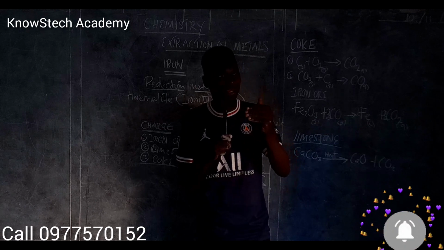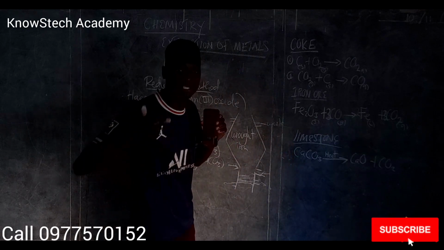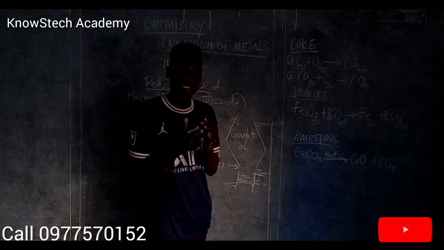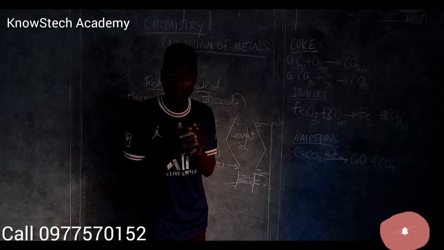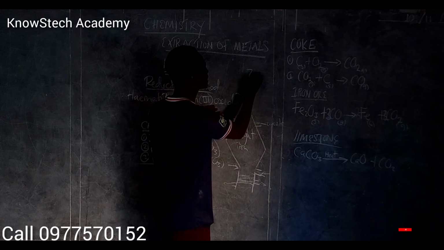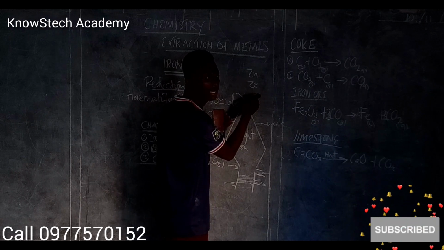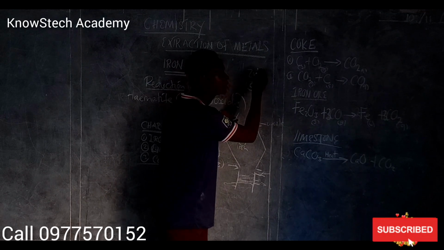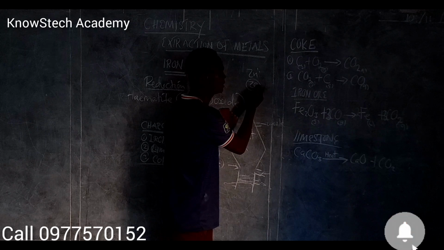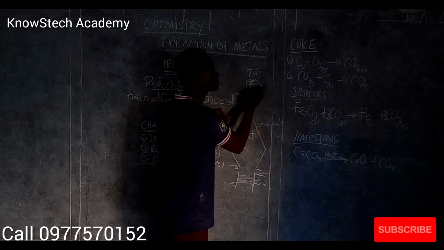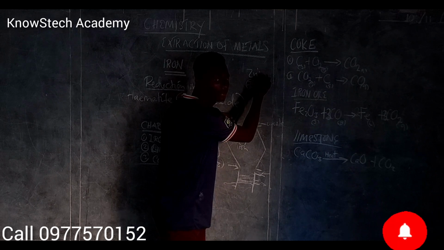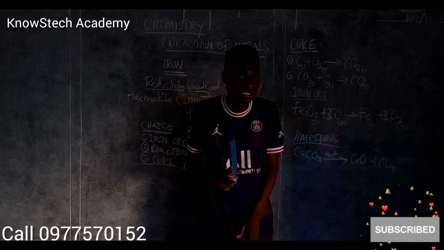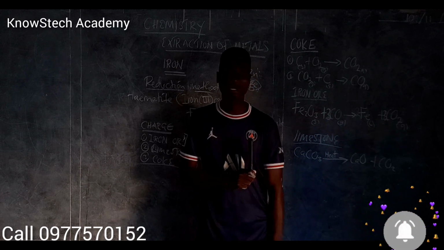This is when a reactive metal is used to protect a less reactive metal from corrosion. For instance, iron is just below zinc on the reactivity series. So iron can be protected by zinc when you coat it. Iron is Fe. When this is coated with zinc, that is galvanizing: using a more reactive metal to protect a less reactive metal.